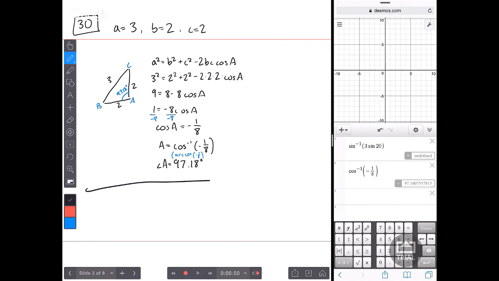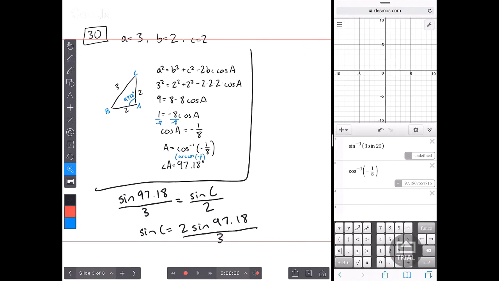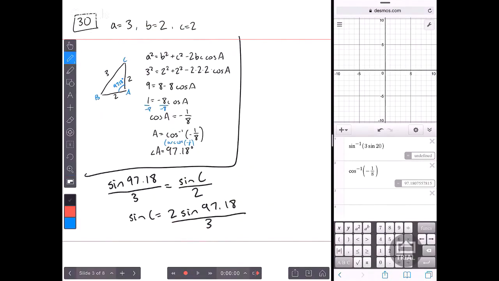But just in case, I've got angle A. Now I want to find angle C, so I'm going to say sine of 97.183 equals sine of angle C over 2, which means that the sine of angle C equals 2 sine of 97.18 over 3. And I would use inverse sine. Let's go ahead and plug that in for now.